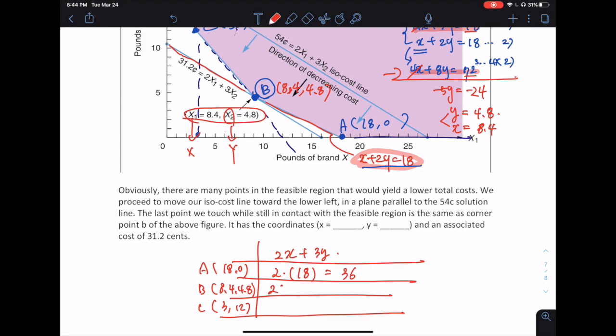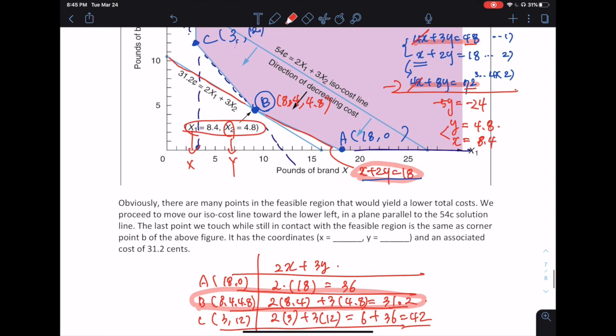For B, 2 multiplied by 8.4 plus 3 multiplied by 4.8, and you will get 31.2 cents. The last one is 2 multiplied by 3 plus 3 multiplied by 12, so 6 plus 36, and you get 42 cents. So what is the minimum cost? You will get this as the minimum cost.